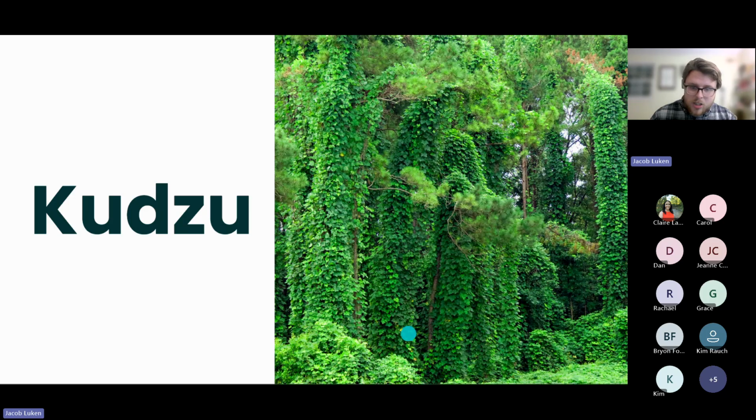All of these pillars of vegetation and all across the bottom, this is all kudzu, which is one of the ways it gets its name, the vine that ate the South, because it climbs up the sides of trees and shrubs, and anywhere that it can, grows across the tops of the canopies, and then essentially chokes out the canopy and doesn't allow it to get the light that it needs.